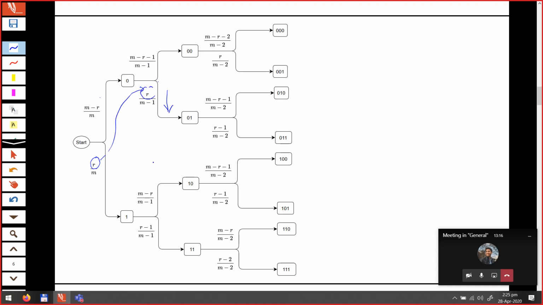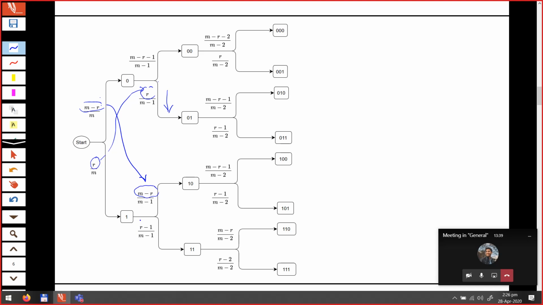Now the denominator will change anyway, m minus 1, m minus 1. Here it will be m minus 2, m minus 2, that will not change. And similarly here, this entry comes from that entry. So this is something which you can remember. Whatever has not changed will not change in the next trial.